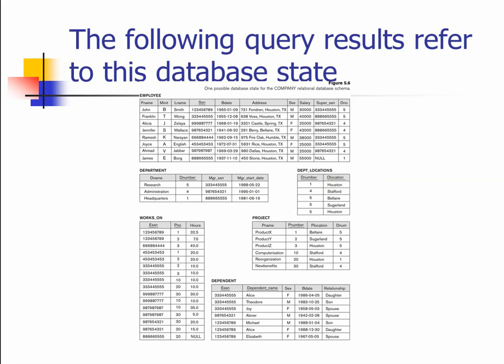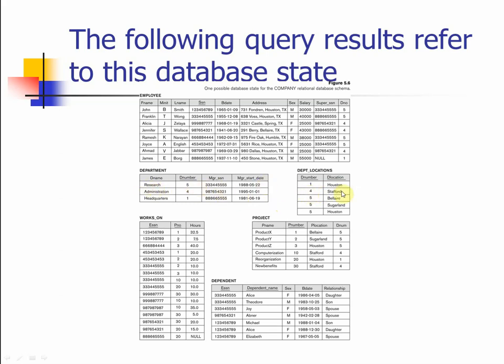So how do we create 15 tuples? What it will do is take Research and then append the first row of the department locations. Then you go to Administration, and append these 2 pieces of information at the back of it. Headquarters, append the first tuple from department locations at the back of it. And then you repeat the whole process.